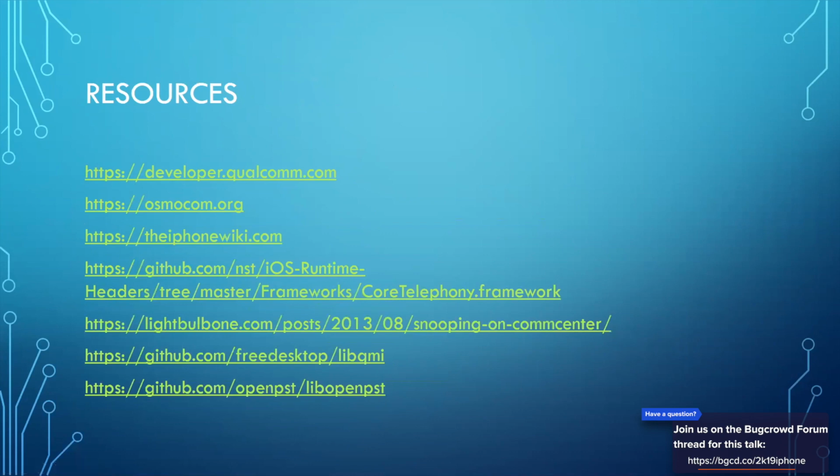And then there are also some resources that I used. OSBL is a very cool group researching Qualcomm baseband. They have created custom firmware for some consumer-based Qualcomm baseband chips. But for the iPhone 5 and everything, baseband is proprietary.